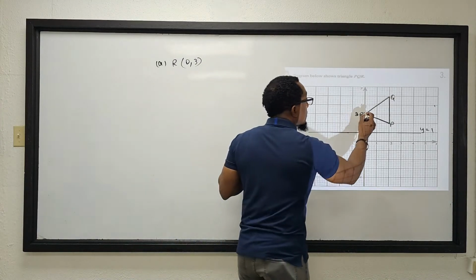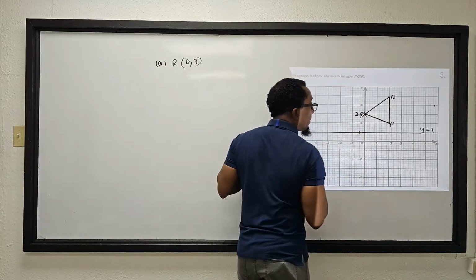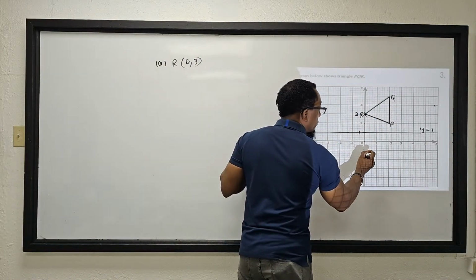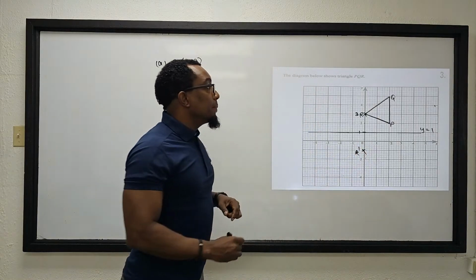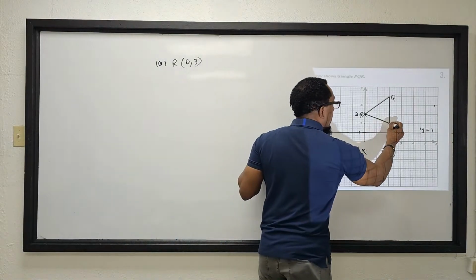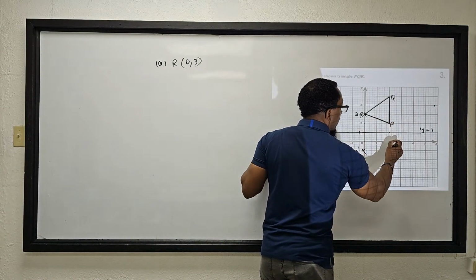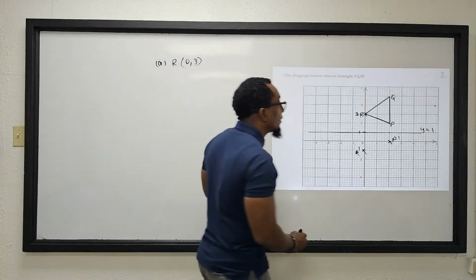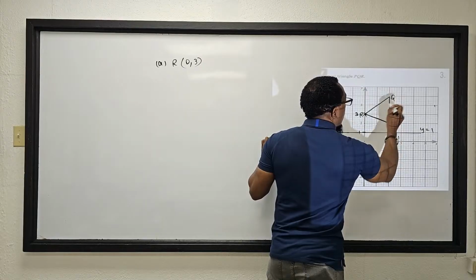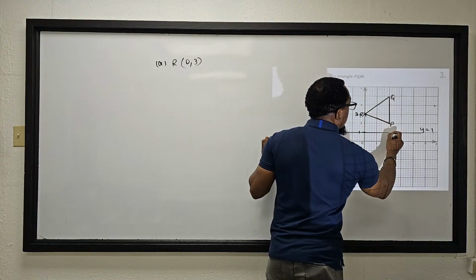So this will be 1, 2. And this is 1, 2. So this is R prime. Let's look at P. I'm counting 1, 1. This is P prime. Let's count Q. This will be 1, 2, 3, 4.